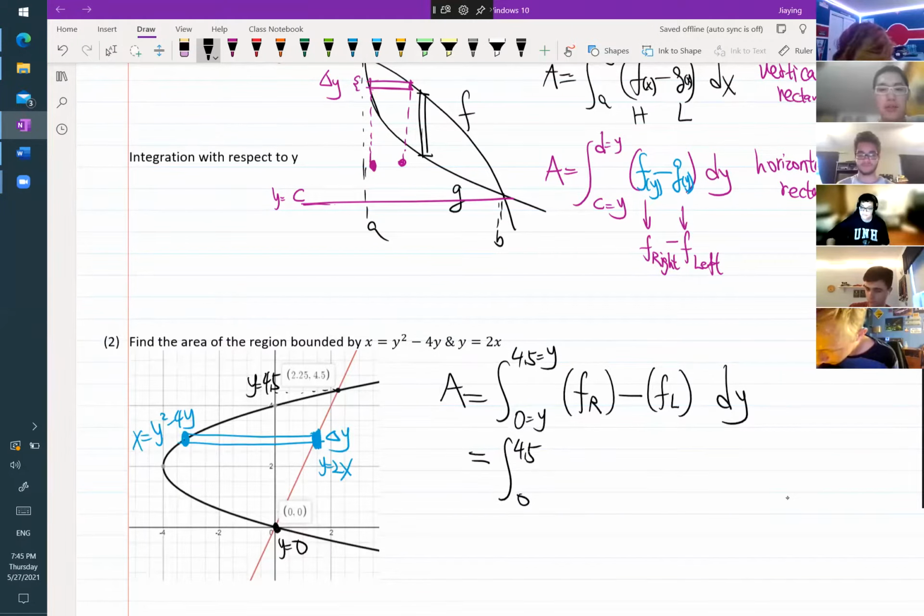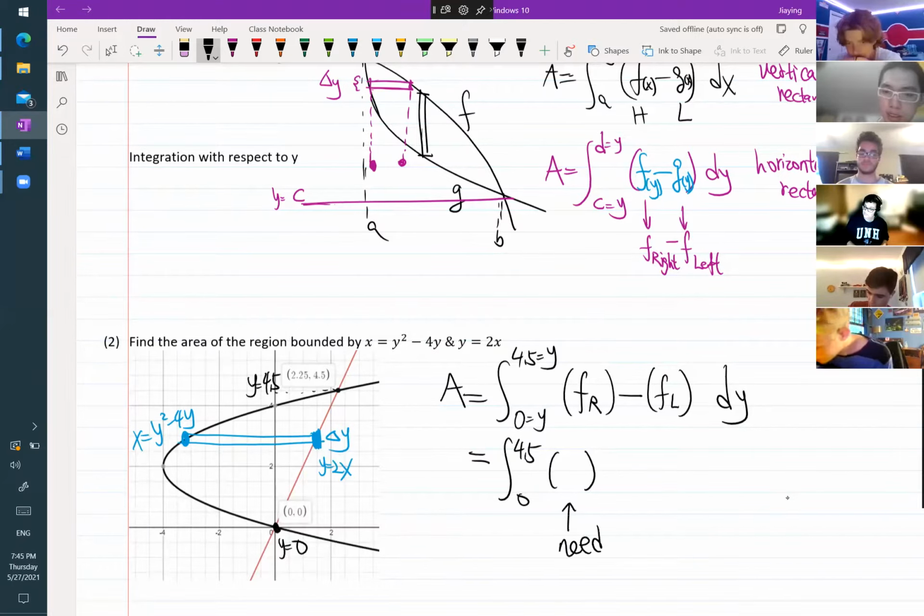What is the function on the right? Well, function on the right is y equals 2x. But we're not going to put 2x in there, because if we put 2x in there, we cannot integrate with respect to y. So we have to use y. So here we cannot just use 2x. We have to solve for y.